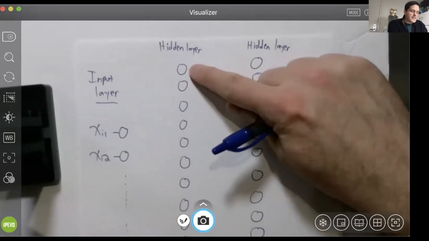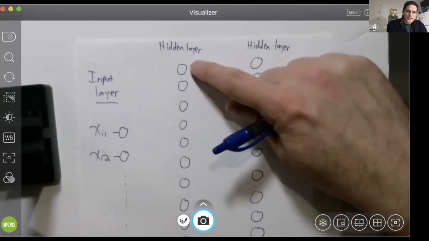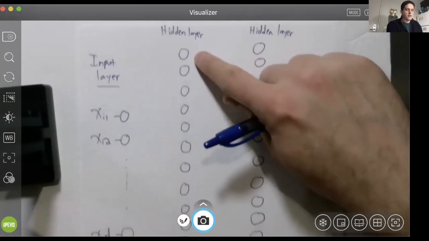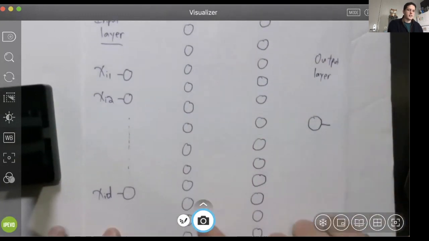And then this node also has a bias term. So the number of parameters that belong to this particular node is 10,001 parameters for this single node. And it's the same number of parameters for all of these nodes.